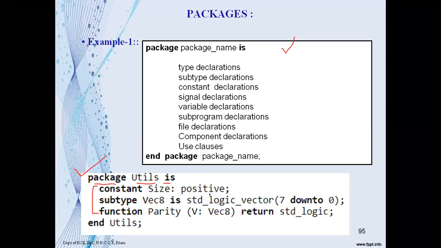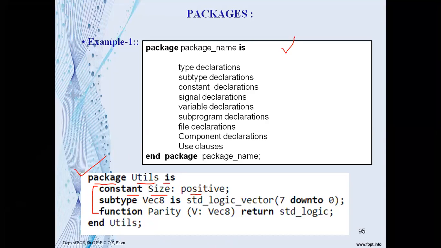In this example, we have declared three declarations. The first declaration: the object is size, the type of the object is a constant, and the data type is positive. Do you remember what a positive is and what a natural is?